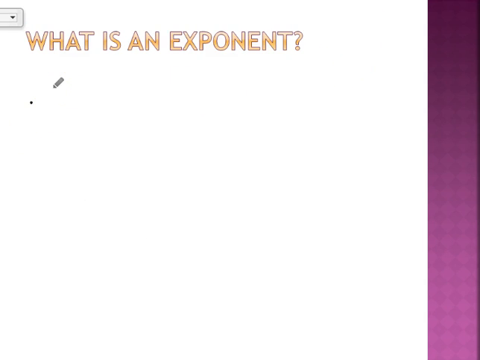What is an exponent? So an exponent is a power. Sometimes we think of it as a power. So here's an example: 3 squared, x cubed, negative 10 to the 100th. An exponent is these numbers that are written above the base number.